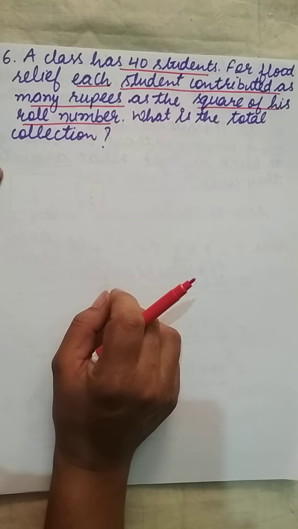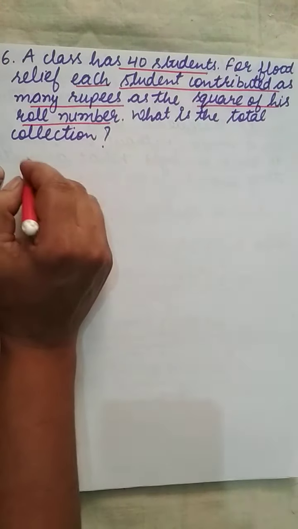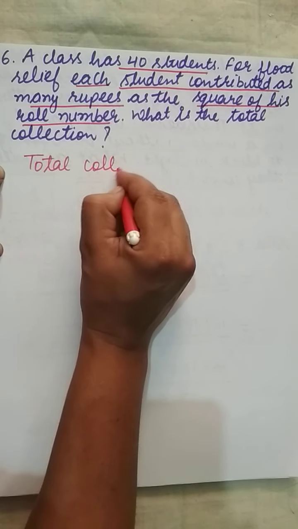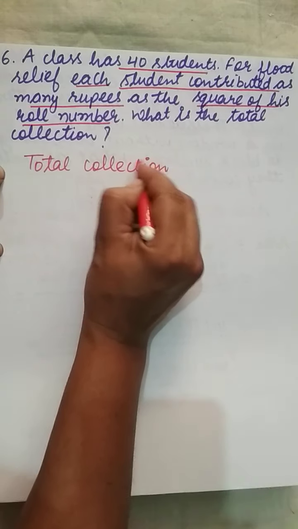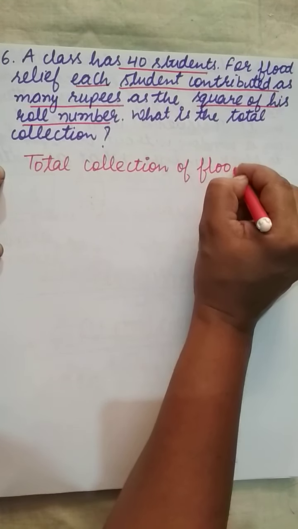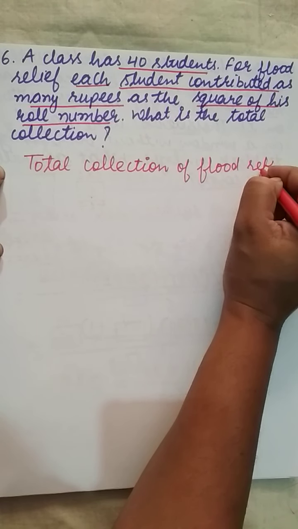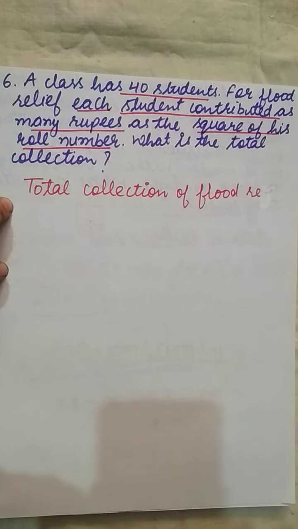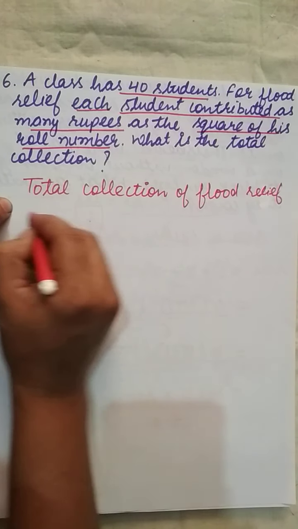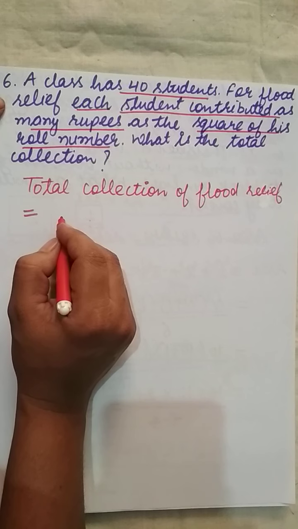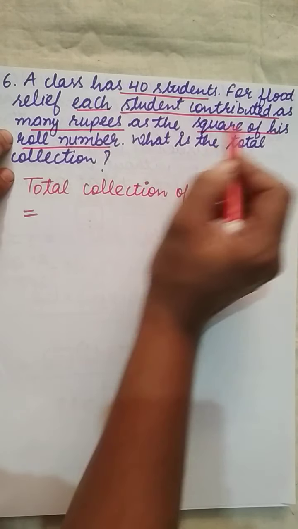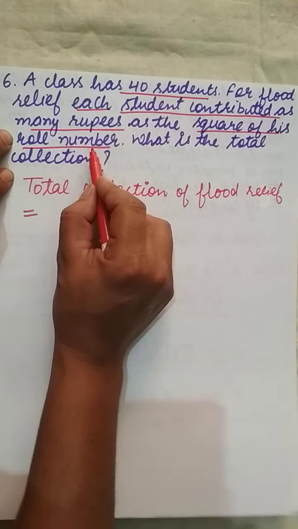So we can say that the total collection of flood relief is equal to, as we know, they have to contribute the square of their roll number.